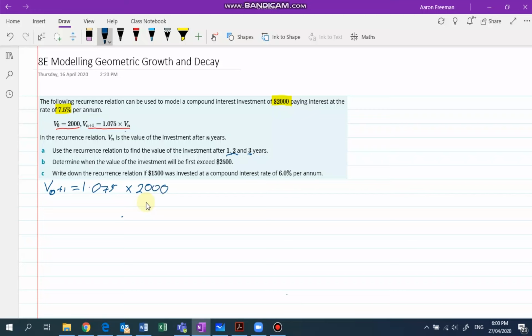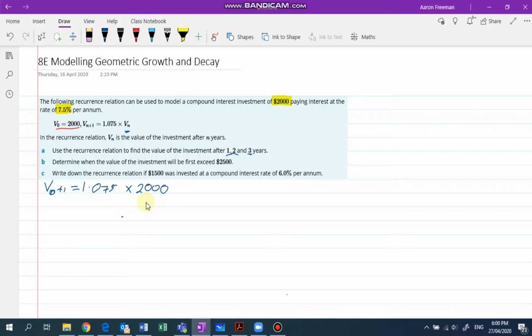Okay, because that Vn there and Vn there are the same. This one here was V0 at the moment, because V0 plus 1 is V1. Okay, so we do that.